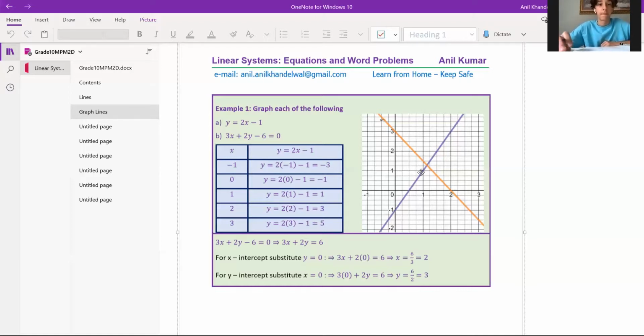Now, a very important question to you. Listen carefully. I have the same equation, y equals 2x minus 1. Now, if I have another equation of a line which has exactly the same slope of 2, can I have a system which will be consistent?